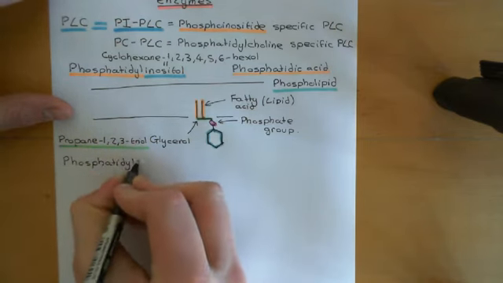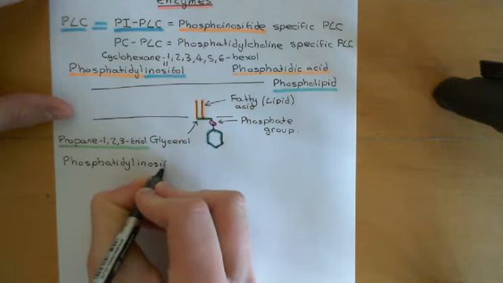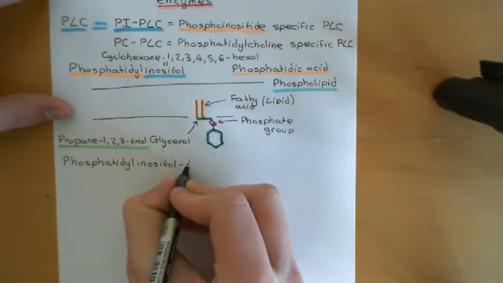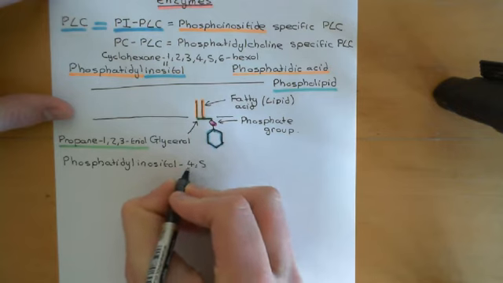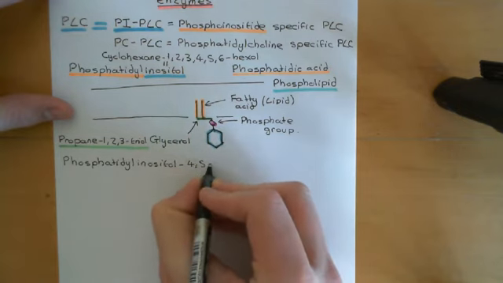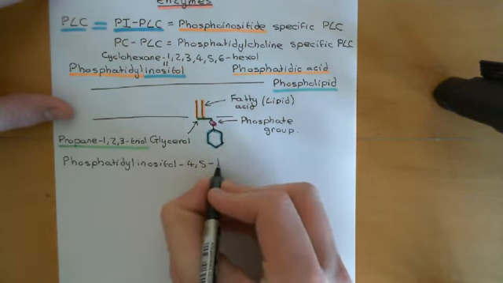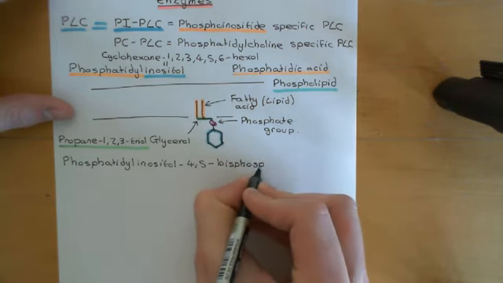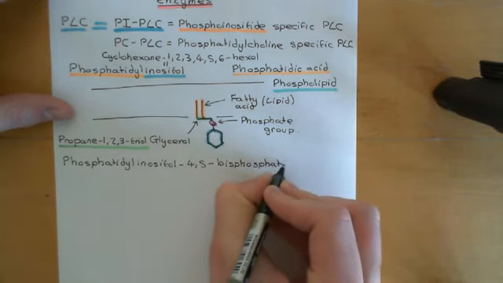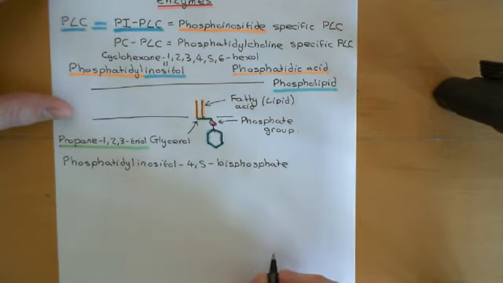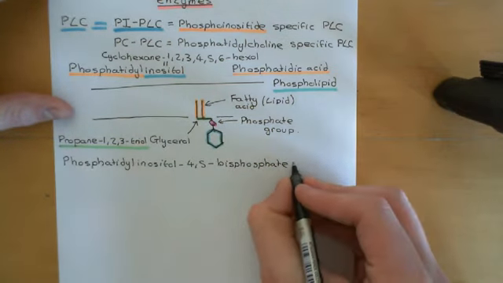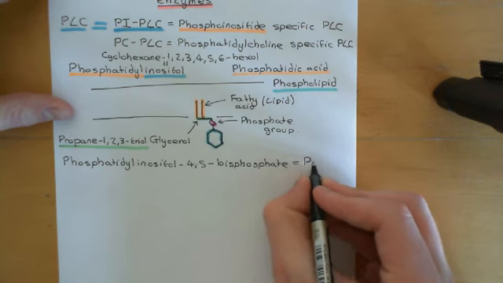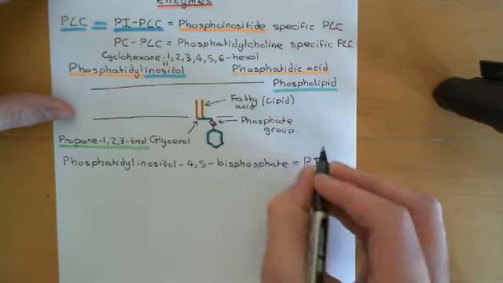So this is going to contain the phosphatidylinositol molecule, and then all we're going to do is add phosphate groups onto the alcohol group of the 4th and the 5th carbon of the inositol ring to create phosphatidylinositol 4,5-bisphosphate.